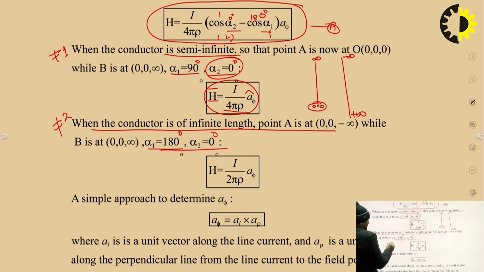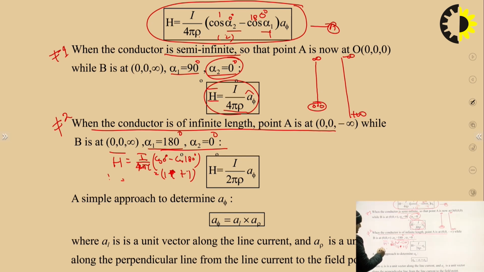So the magnetic field intensity H is equal to I upon 4 pi rho, cos alpha 2, alpha 2 is 0 degree, minus cos 180 degree. So that means cos 0 is 1 and minus of minus 1, that means the plus 1.